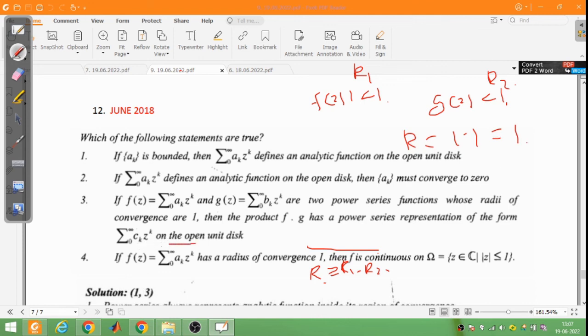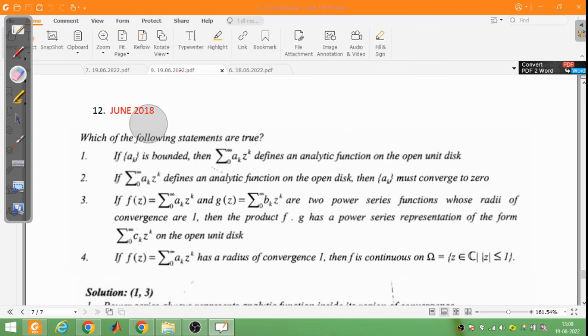So this is on the open unit disk, which is nothing but modulus value less than 1. So the radius of convergence is R, and therefore option 3 is correct. Can you follow? From our property we choose our answers. That's why the properties are important to study. Are you clear, ma'am? Yes, sir.